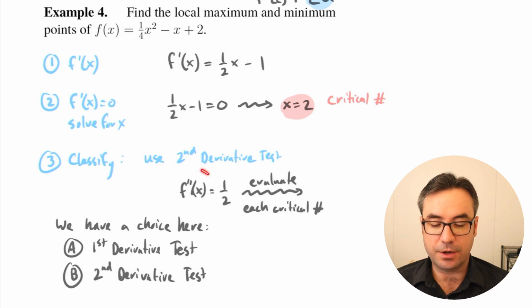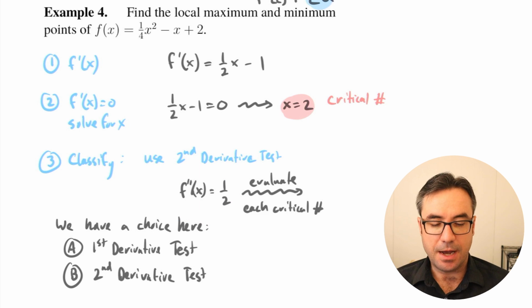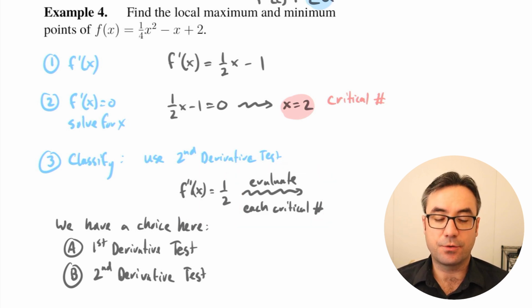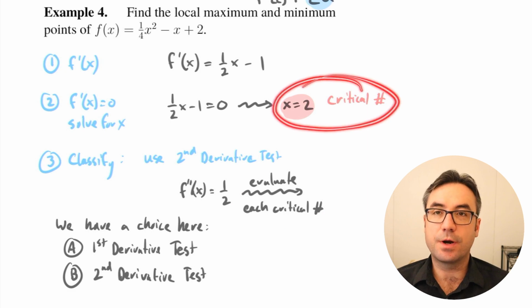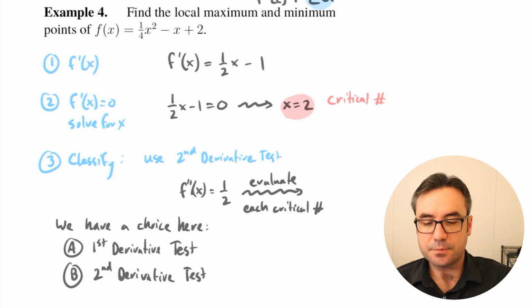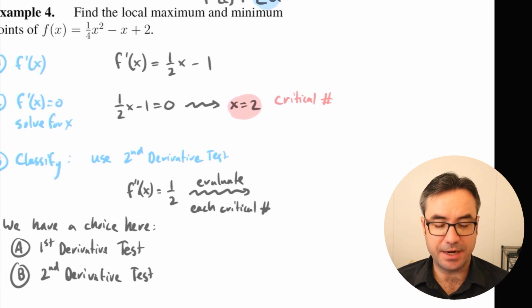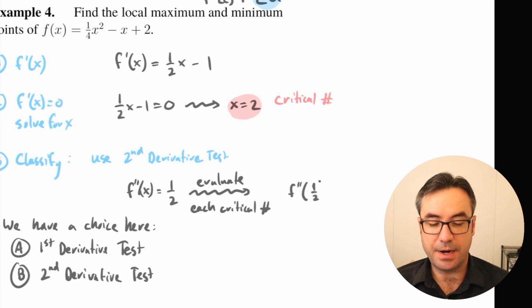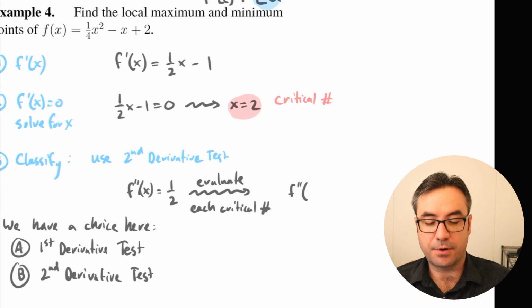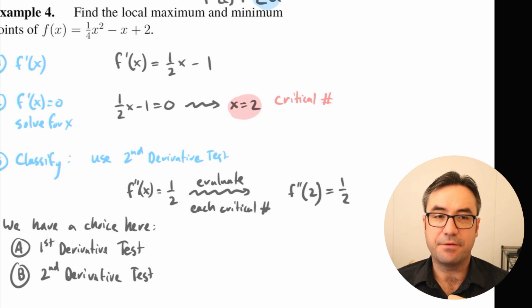No matter what critical number we were to plug into this, it's always going to give us out 1/2. But the idea here is once you have your formula for the second derivative, you're going to take each of your critical numbers and plug it into this formula. But like I said, this one's just a constant function, so it's always going to give us out that constant. So specifically, when I plug in my critical number of x equals 2, I'm going to get 1/2.